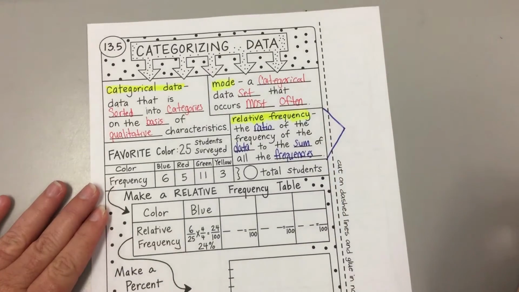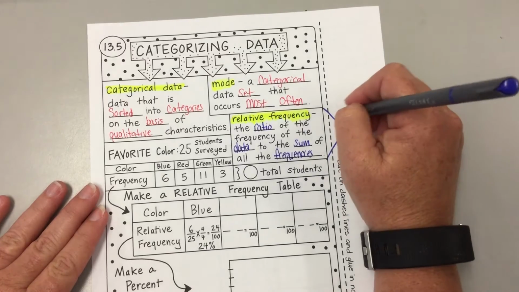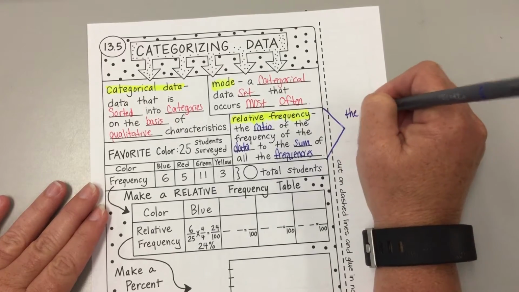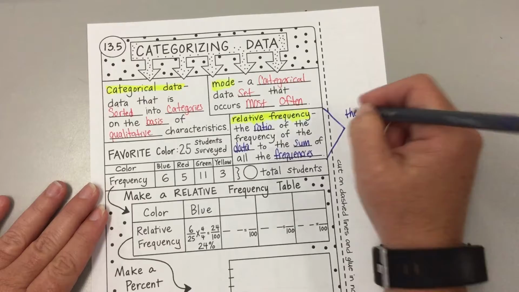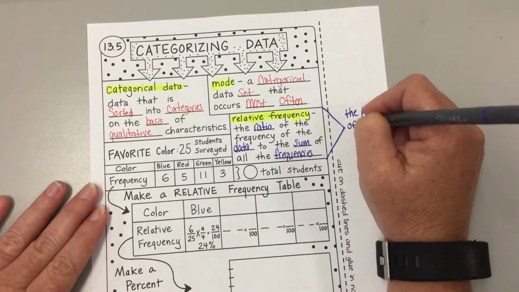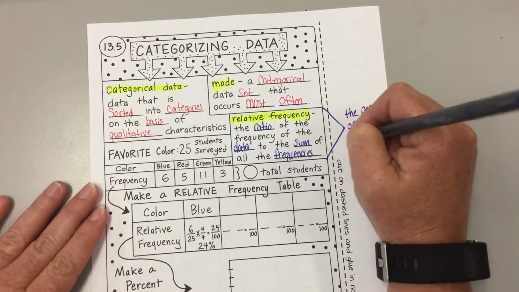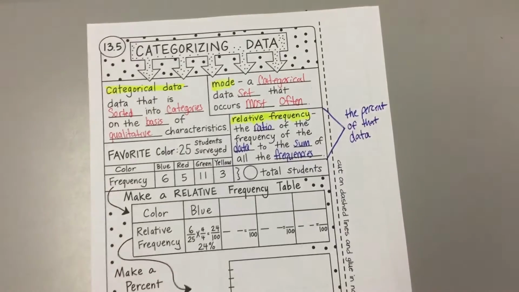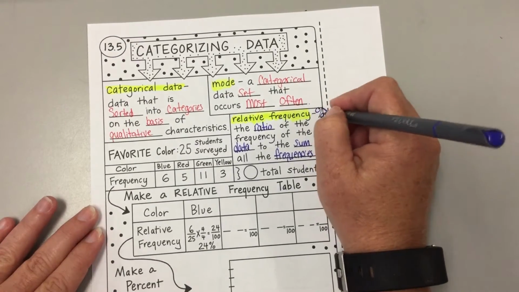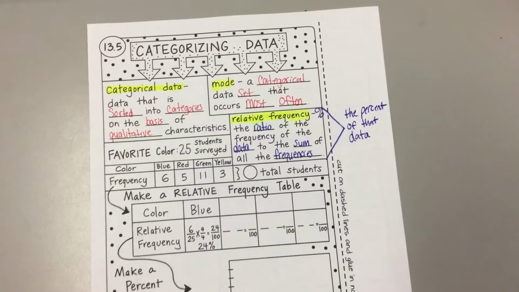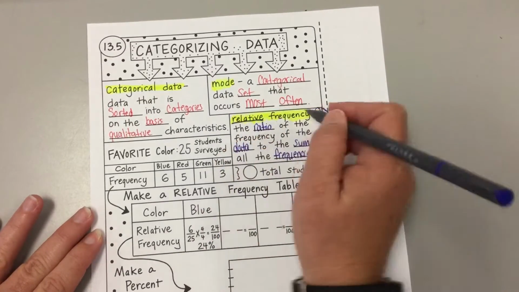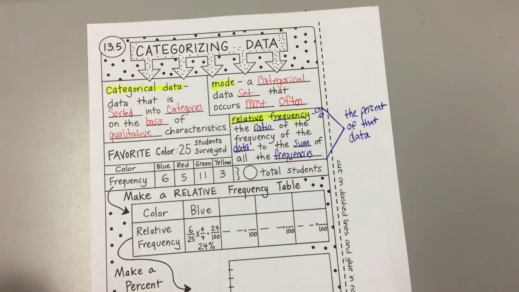Here it is. Ready? The percent of that data. So relative frequency is always going to be a percent. That's what you need to remember. Relative frequency is the percent that occurs.